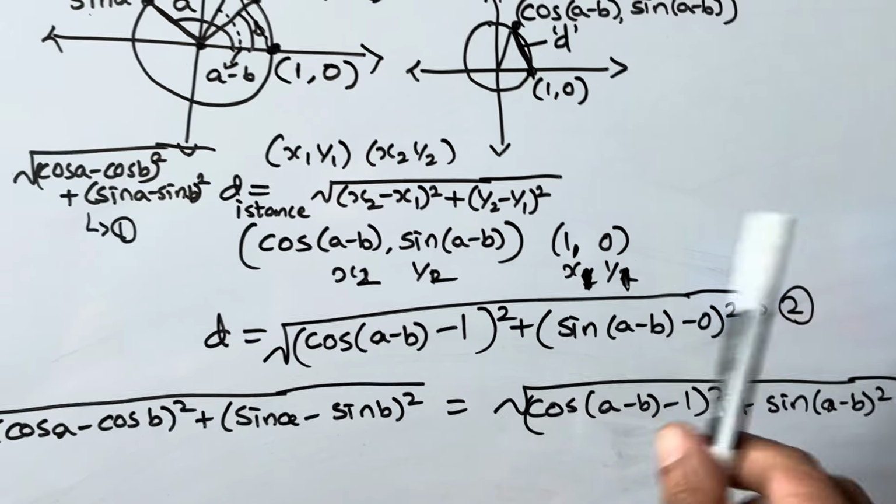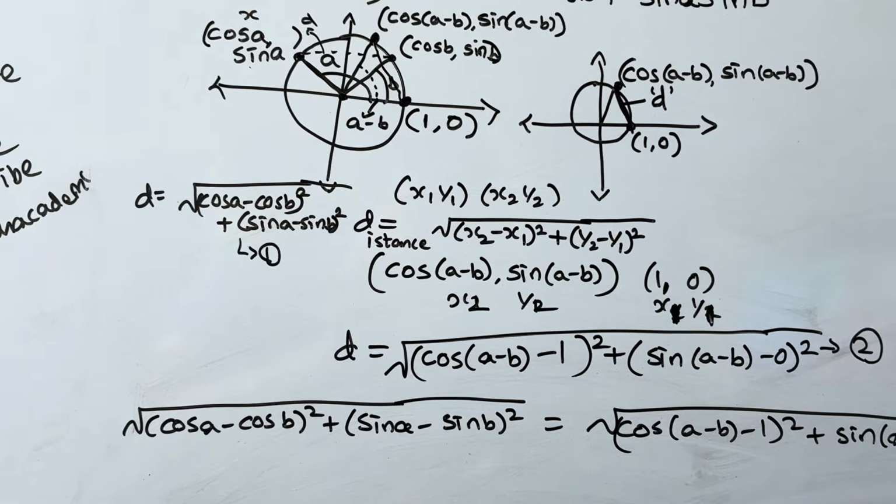Okay, the square root of 0 would be 0, so I'm not taking that.